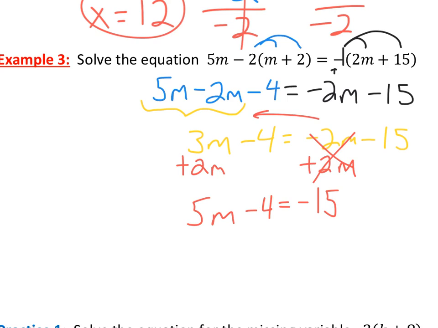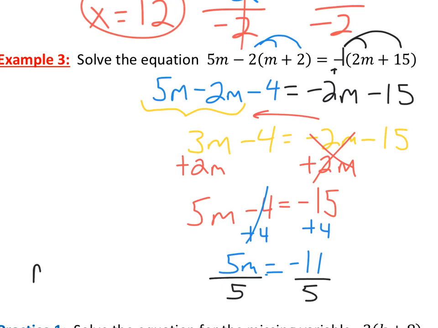So go through with reverse order of operations. Add 4. Get 5m equals negative 11. And then divide by 5. So we get that m is equal to negative 11 fifths as a fraction, or as a decimal, that is negative 2.2.